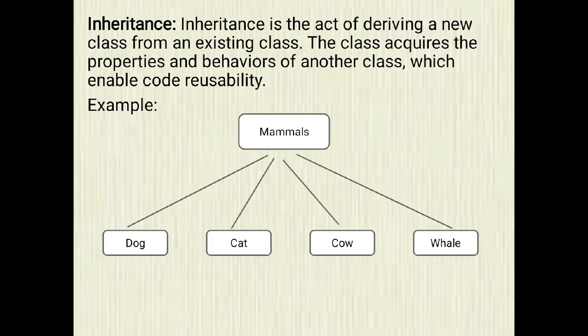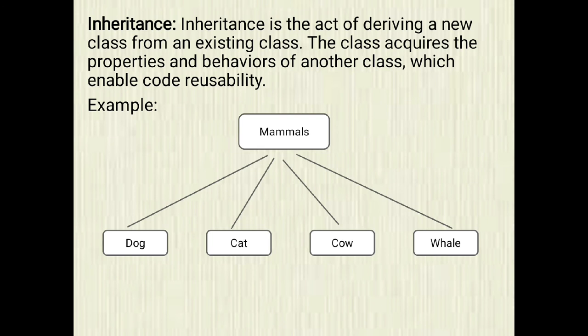Okay? So inheritance. Inheritance is the act of deriving a new class from an existing class. The class acquires the properties and behaviors of another class, which enables code reusability. So the main advantage of inheritance is actually the code reusability, because from one class to another class, the properties and the behaviors, that is the data and the functions, are inherited from one to the other.